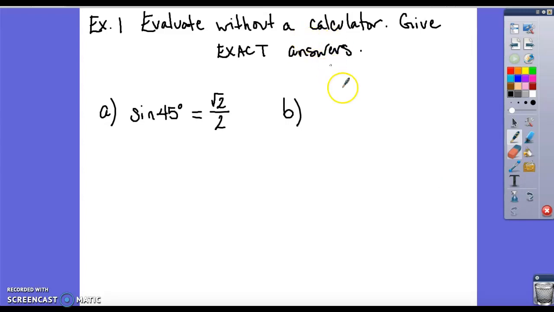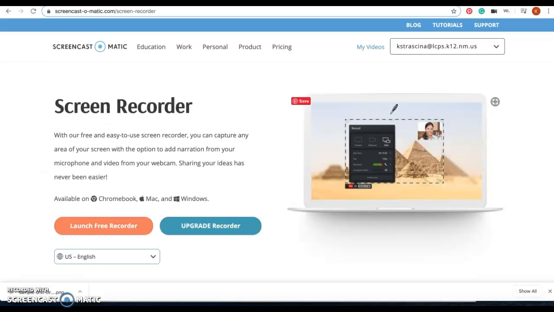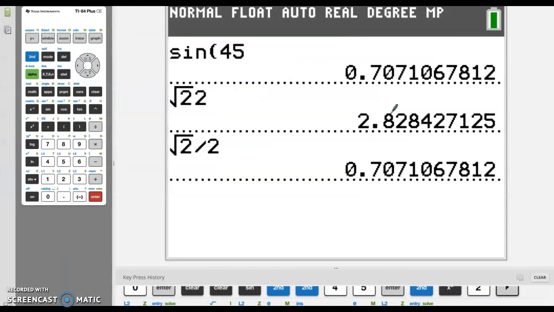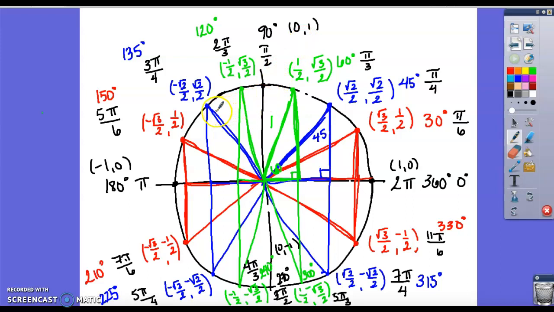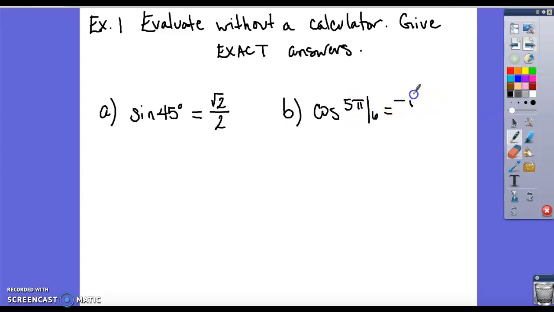Let's say that I want to find the cosine of 5 pi over 6. I'm going to go back to my unit circle. Here's 5 pi over 6 right here. It's 150 degrees. Cosine is the x coordinate, and so in this case it's negative square root of 3 over 2. So the cosine of 5 pi over 6 is negative square root of 3 over 2.